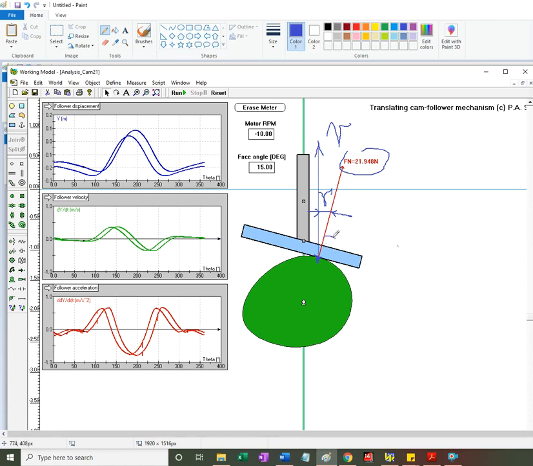You recognize that this is always the same angle, 90 degrees, because the contact force has the same direction and the velocity vector has the same direction, so this is actually going to be constant. Wow, constant. Again, this is 90 degrees. And of course, if the follower face angle is 90 degrees, this gamma is going to be 0.